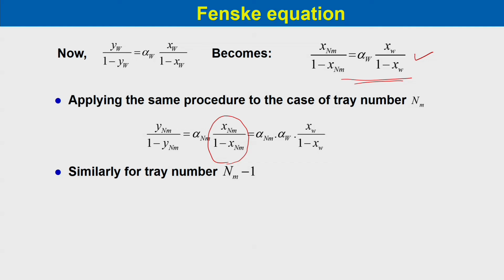Similarly, for tray number n_m minus 1, we can write y_nm-1 divided by 1 minus y_nm-1 is equal to alpha_nm-1 into x_nm-1 divided by 1 minus x_nm-1, which is equal to alpha_nm-1 into alpha_nm into alpha_w into x_w by 1 minus x_w.